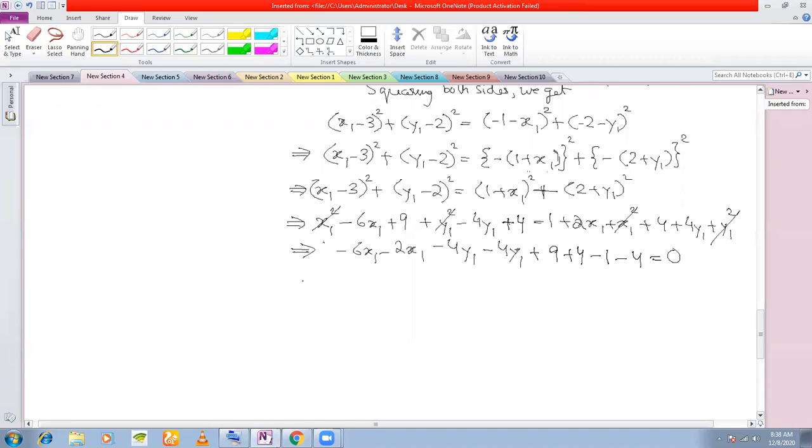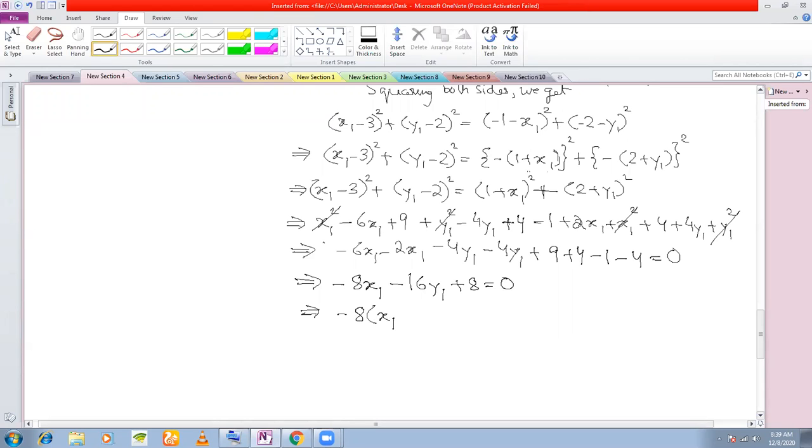Take everything to one side. You get minus 8x1 minus 16y1. And this is 13 minus 5. 13 minus 5 is 8, right? Plus 8 is equal to 0. So you can take minus 8 common.